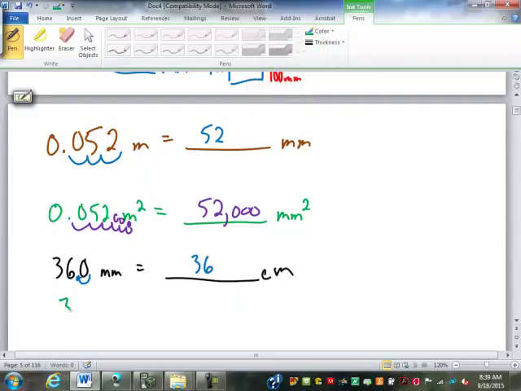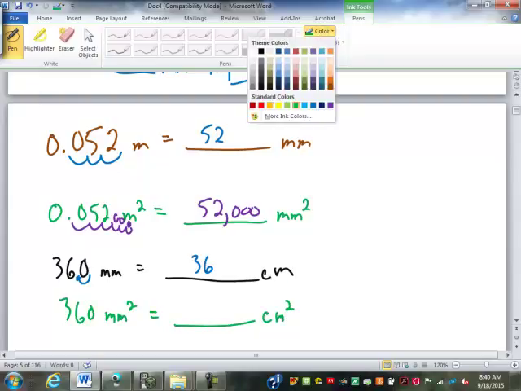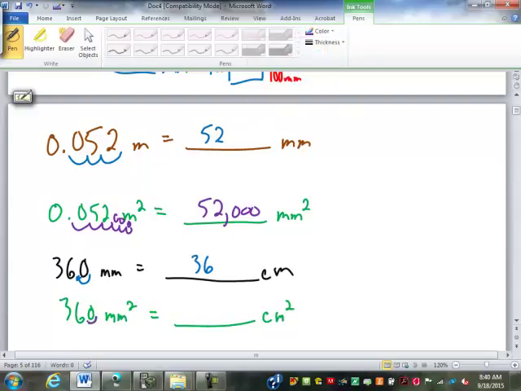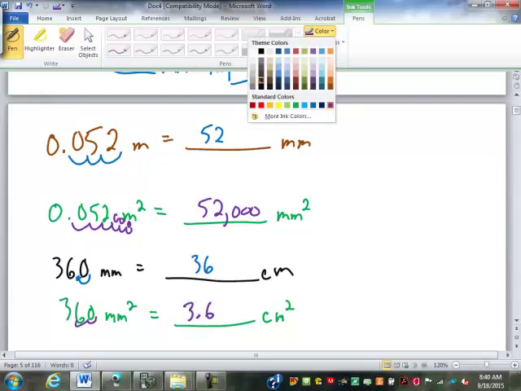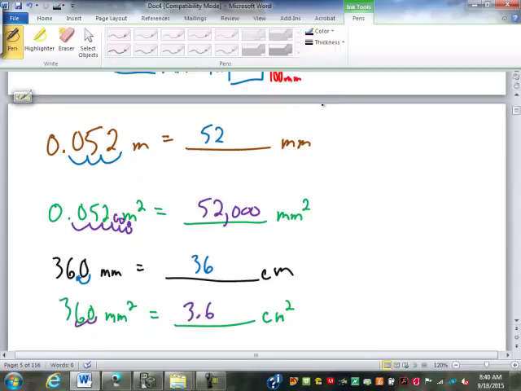But if it were 360 millimeters squared, going to centimeters squared, now that 1 spot on the chart is 2 decimal places. So you're 1, 2, so it is 3.6. What do you think? Not so horrible?